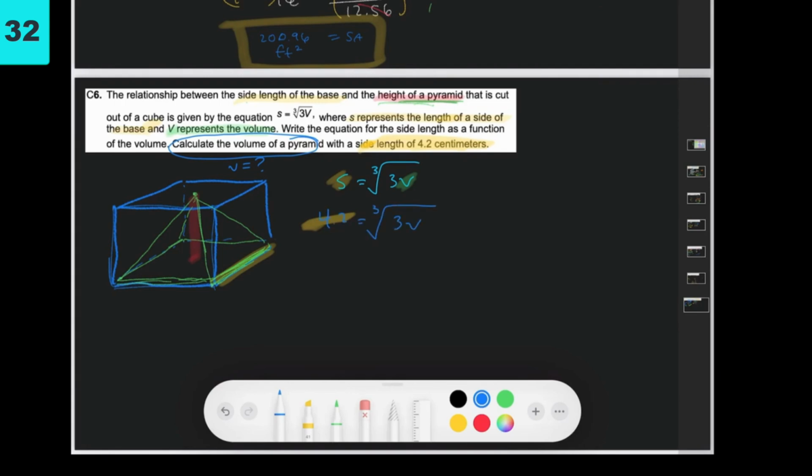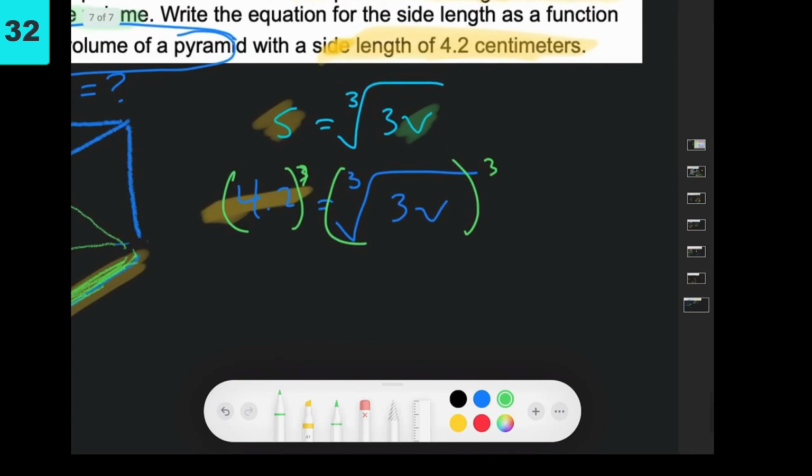cube root of 3V. Okay, all we're doing here now is solving for V using our math skills, where we're going to take this to the power of 3 on both sides. This 3 and this 3 with the radical sign cancel or go away. Now I'm left with just 3V equals 4.2 to the third power.